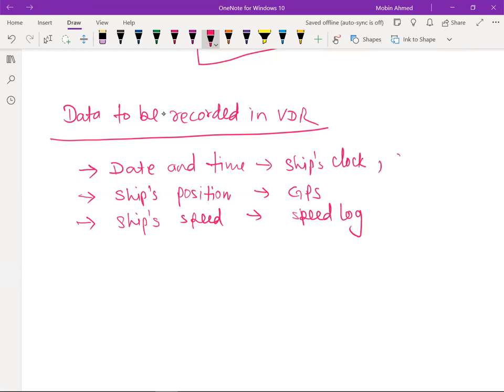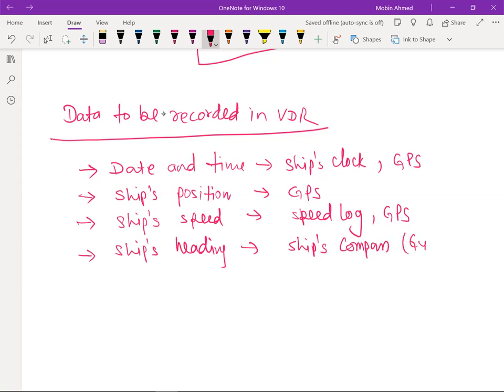Here it also takes the reference from the GPS, and this one is also from the GPS. Ship's heading. It will be from the ship's compass.